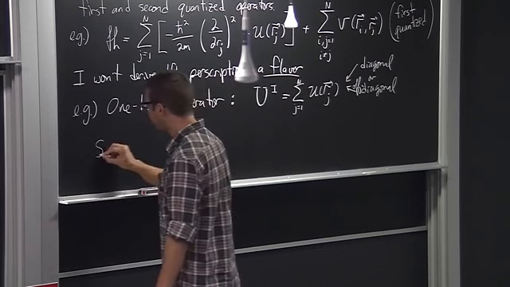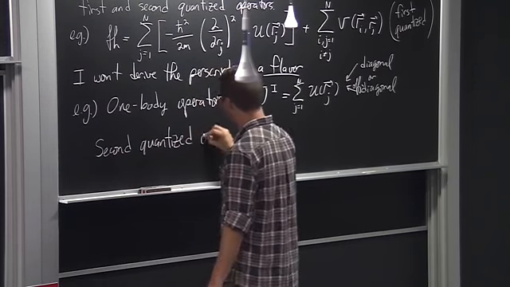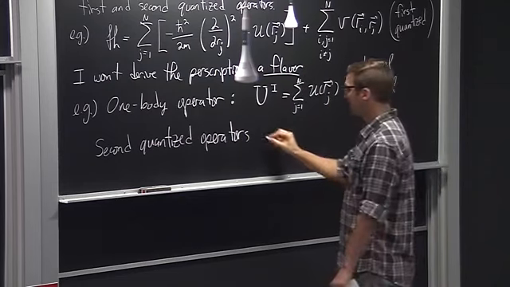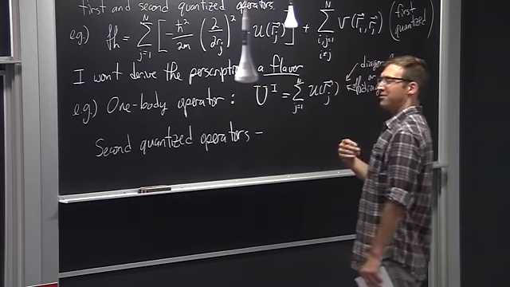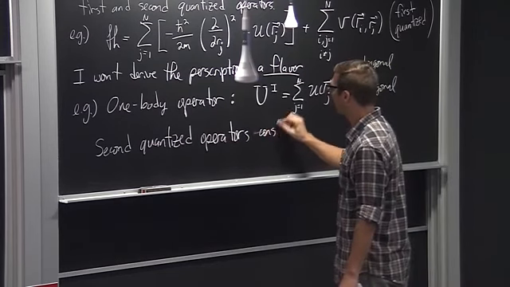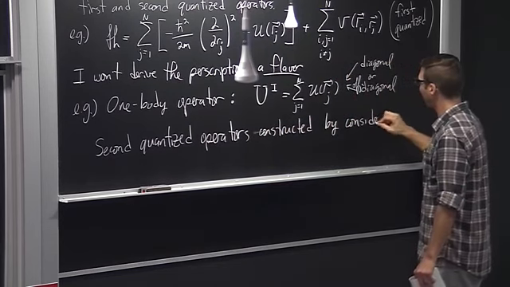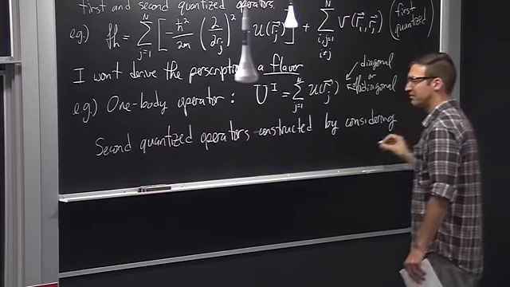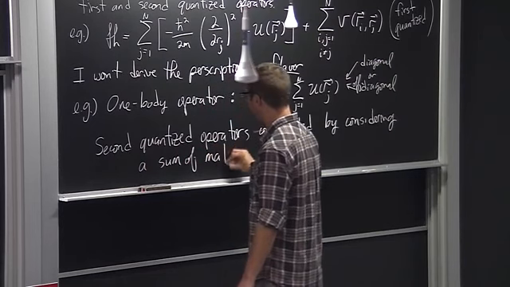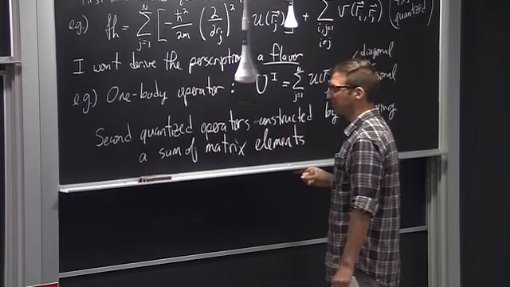Second quantized operators. This can be derived rigorously, but we spent enough time on this. So just as motivation, second quantized operators are constructed by considering matrix elements.